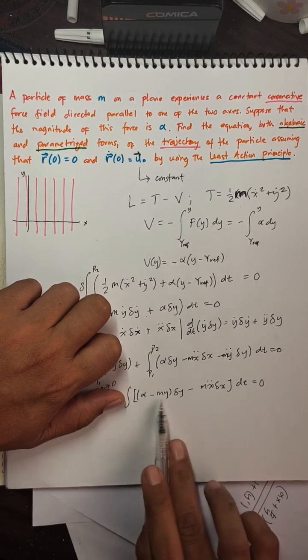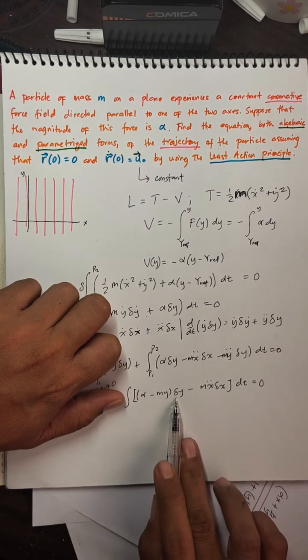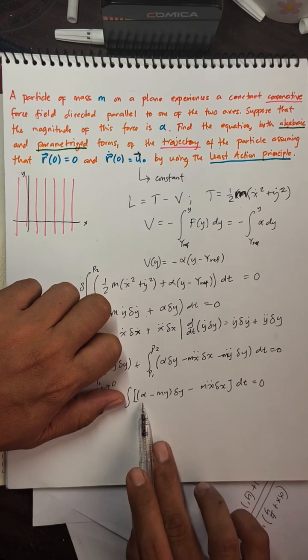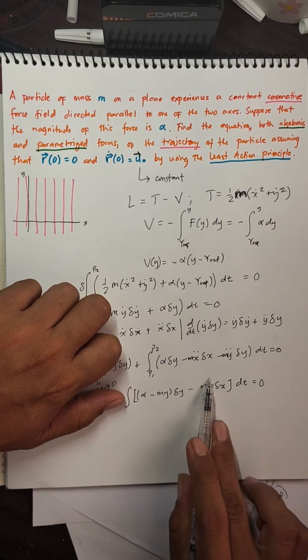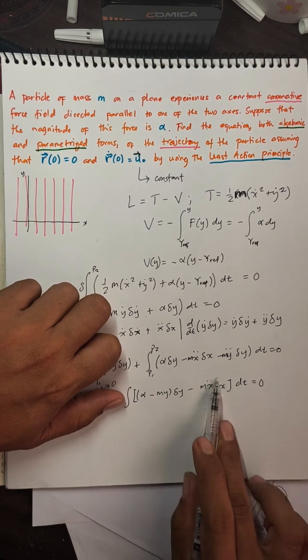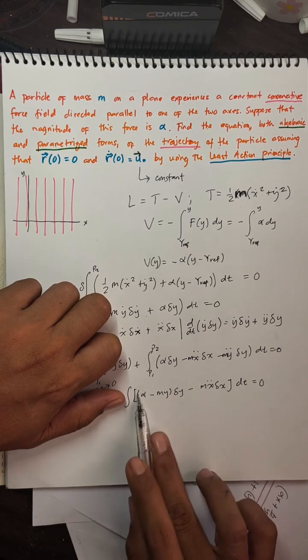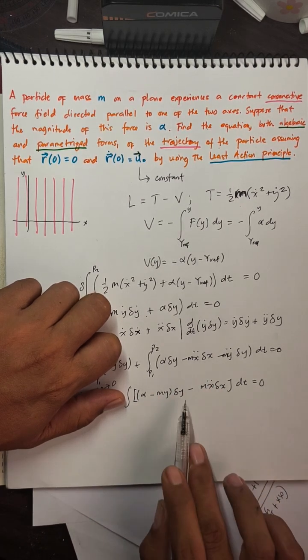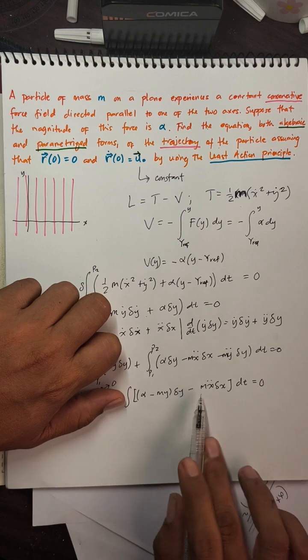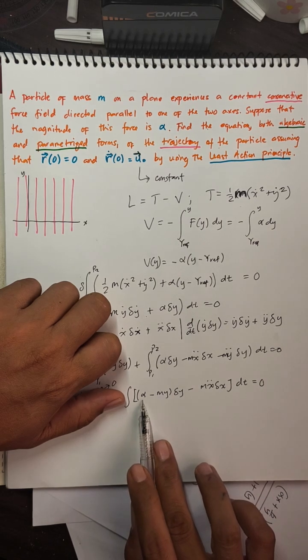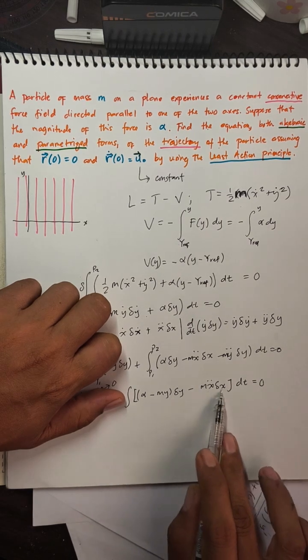And since delta x and delta y are independent, now we can set each of the coefficients to 0, because this will form a linearly independent set of vectors. So this whole thing is 0 and that whole thing is 0.